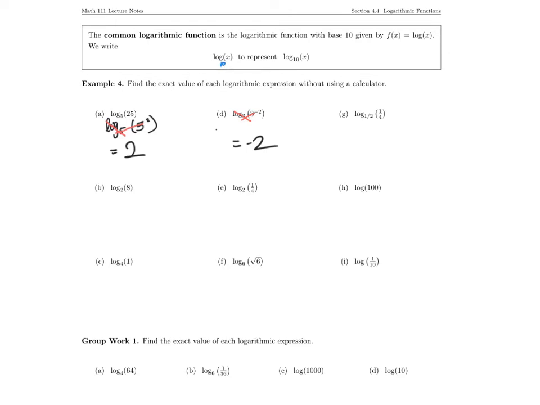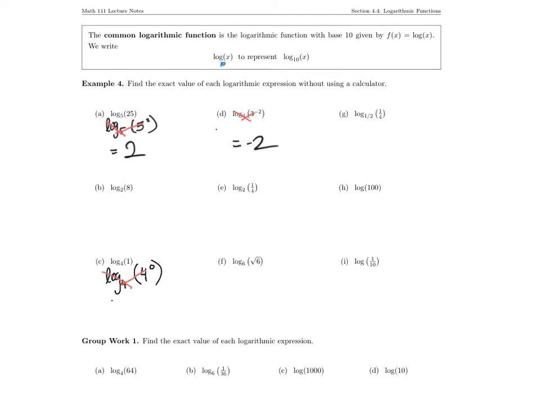So if we move down to problem C over here, log base 4 of 1. So I had to figure out how to write 1 as a base of 4 so it'll cancel out. Well, just a reminder, anything to the power of 0 is 1. So I can write this as 4 to the power of 0. And then our big base and our little base are the same.